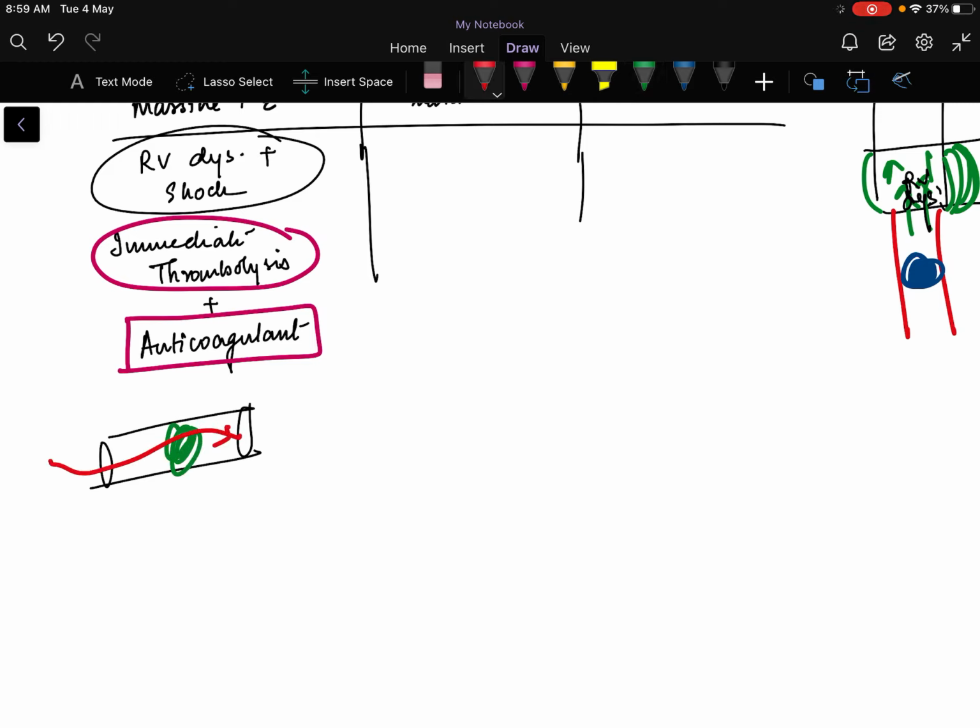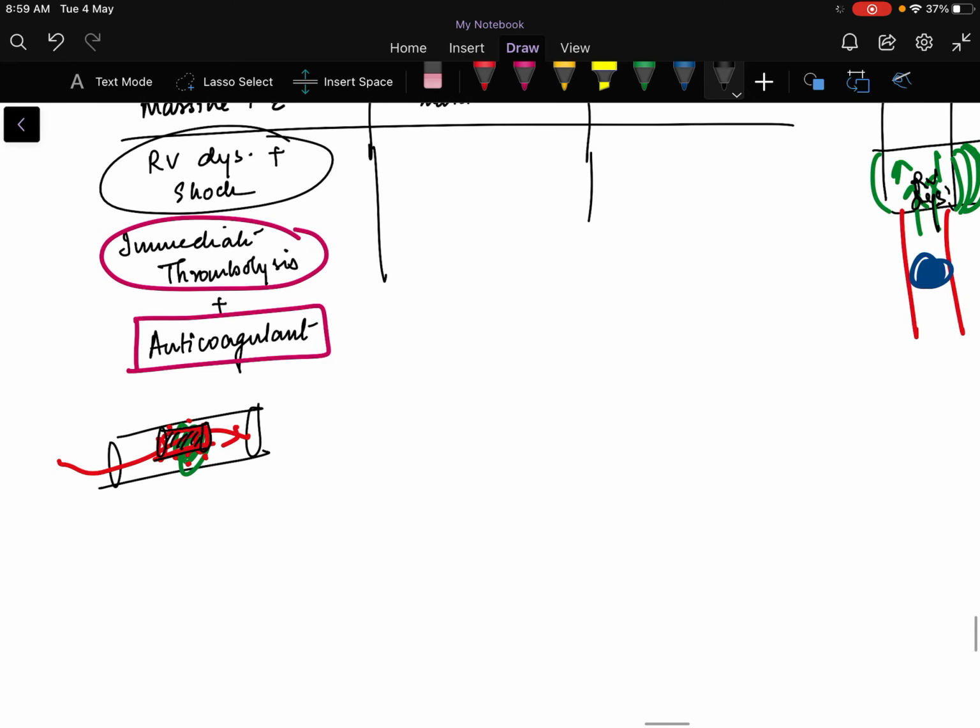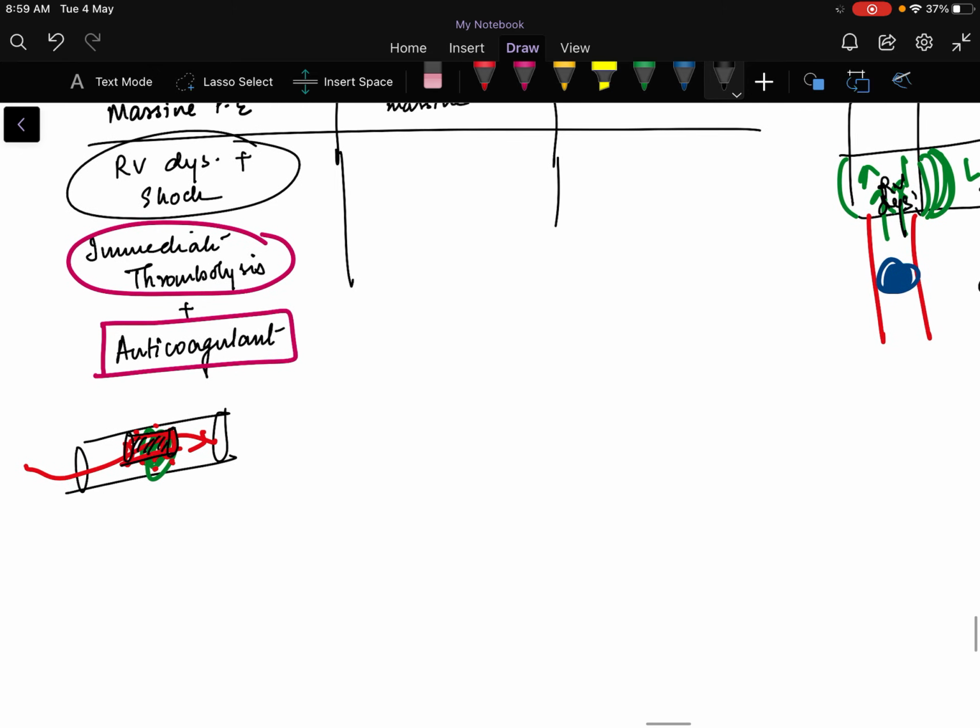You inject a catheter. Stabilize. Vasopressor. 500 ml normal saline, you have to give.